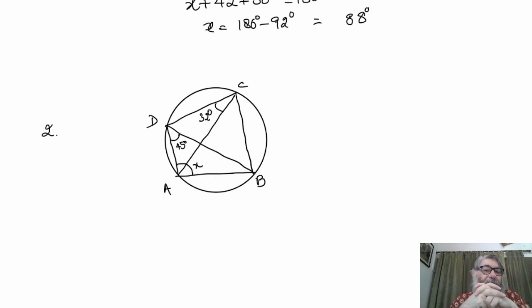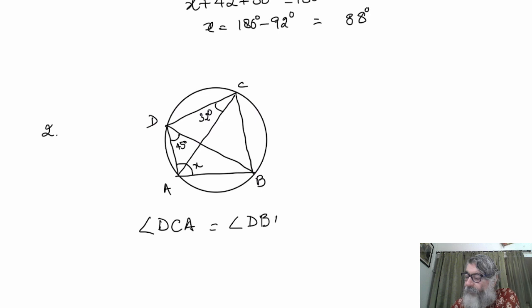But if you look into the figure, the angle DCA, which is given as 32, will be equal to DBA, which will be equal to 32 degrees.